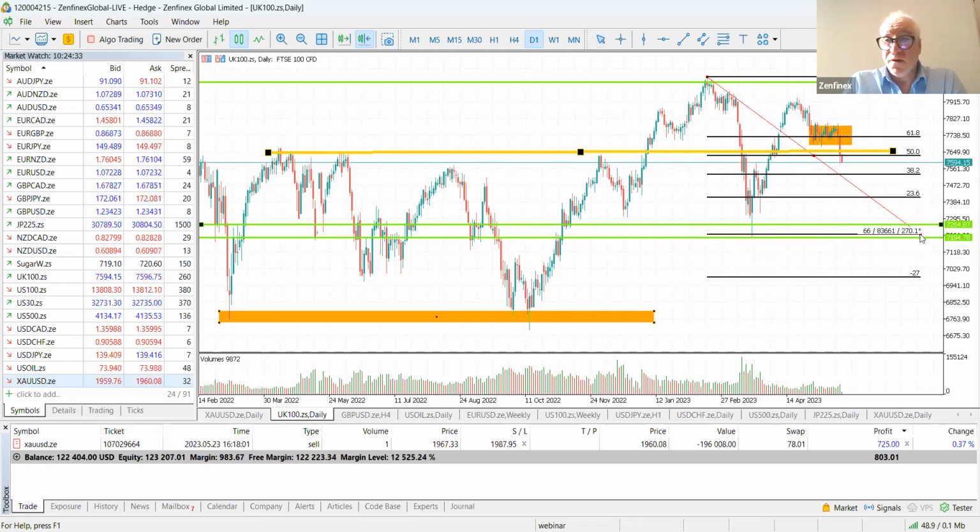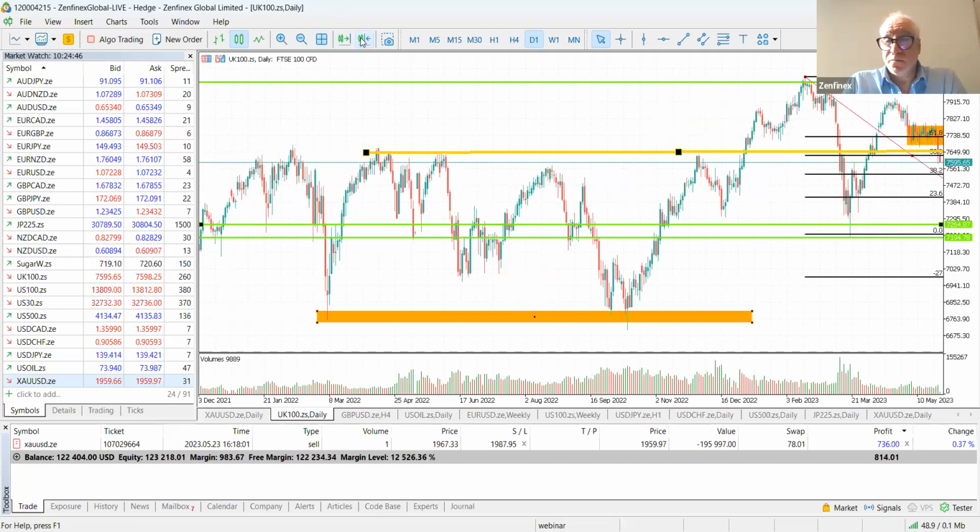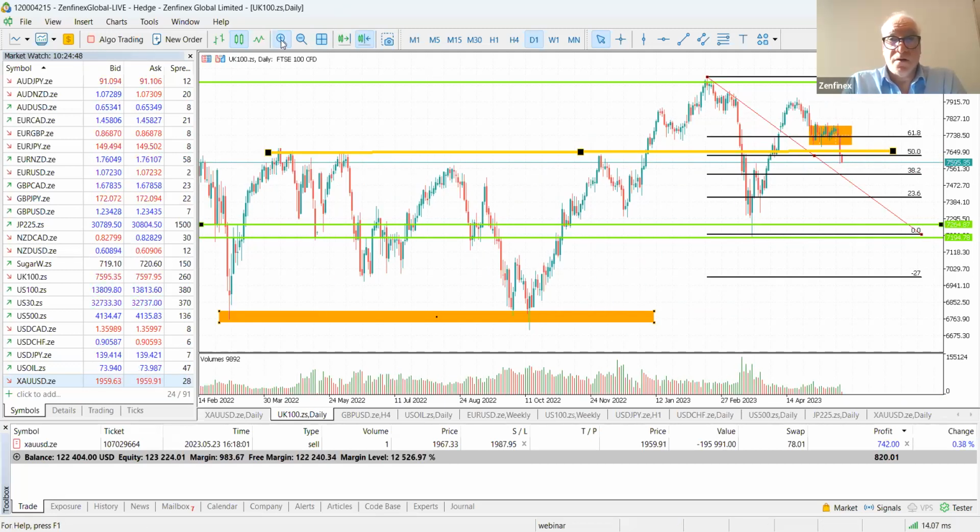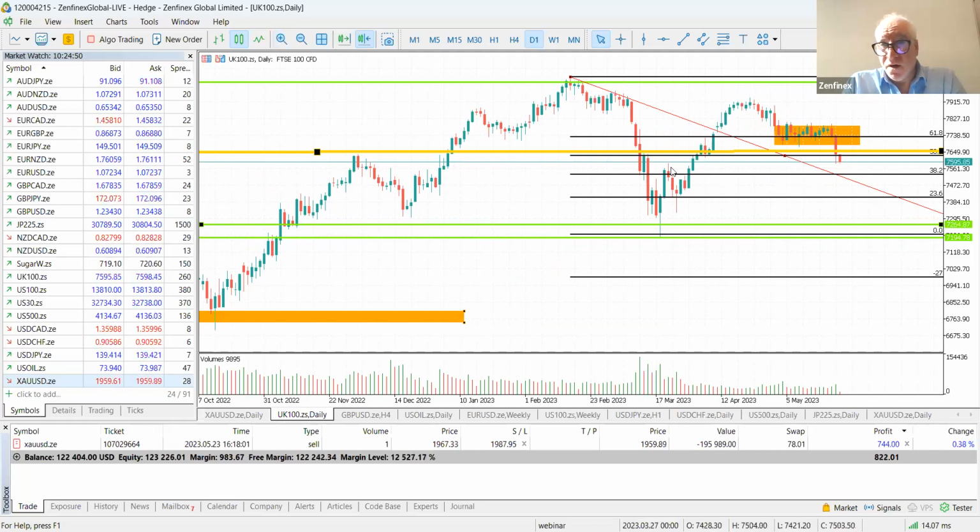Charts are not behaving today. So we broke through the 50%, and with this kind of pattern, for me, it's looking weak. Again, dependent on a number of different things. It may come back and test this 38 fib level here, but it's broken out of this consolidation zone.